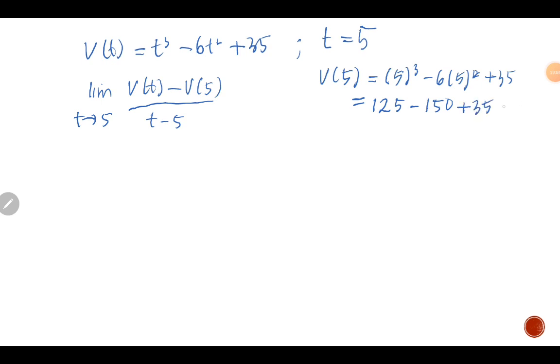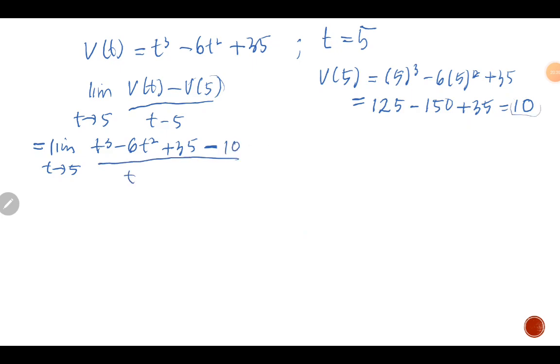So in here we get 125 tolak 150 is negative 25 tambah 35, we get 10. Okay, so here we have limit t approaching 5, V(t) kita adalah t cube minus 6t square plus 35 minus V(5) kita is only one number, 10, over t minus 5.